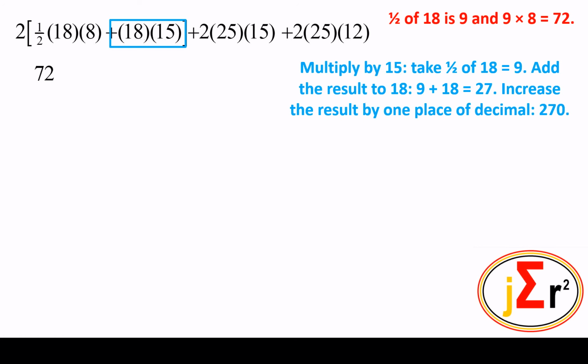But do not forget, it is not 1.5 but 15. So instead of 27, we should have 270. We have to recover the one place of decimal by which we reduced 15 to 1.5. So after reducing 15 to 1.5 by one place of decimal, when we get the result, we need to increase that by one place of decimal.